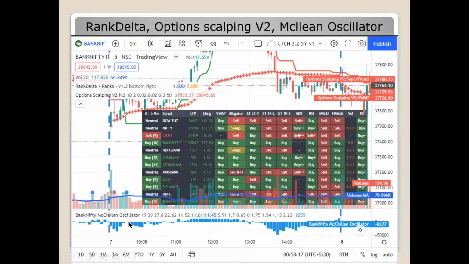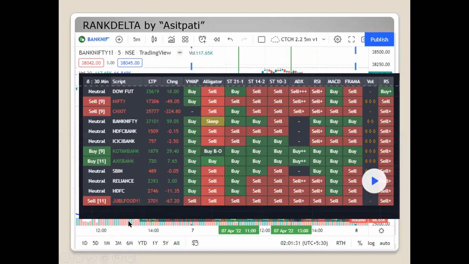So I will go into details of how this rank delta looks like. Maybe I need to explain a little bit more on this aspect. What are the key parameters on this rank delta meant for? Basically, this will give an overall picture of how the market looks, and it is against each stock. If you look here, we can see Nifty, whether it is in selling.